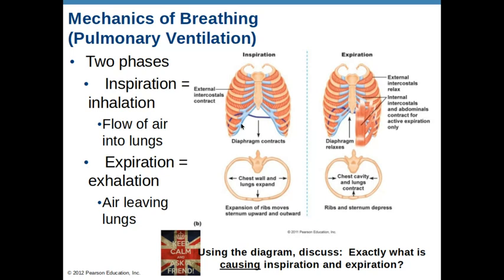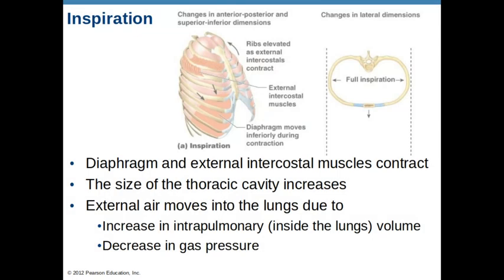So this happens in two different phases, breathing in, breathing out, also known as inspiration or inhalation, and expiration or exhalation. And so I encourage you to study this diagram, read the details, about what is the diaphragm doing, what's happening to the ribs, the chest wall expanding, the chest cavity contracting, all right. Let's take a little closer look.